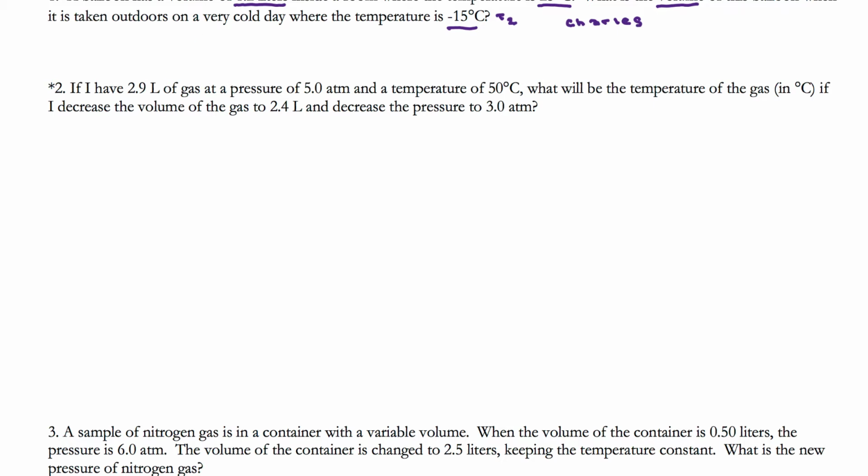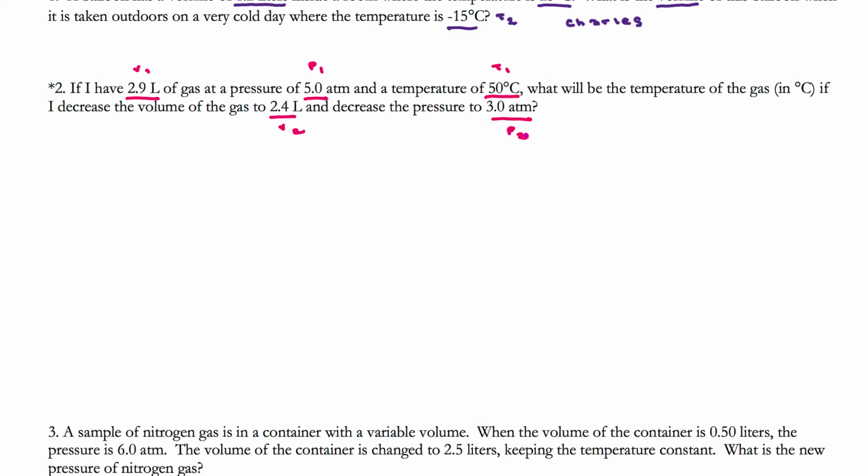All right, number 2, and I am asking you to solve this one, by the way. If I have 2.9 liters of a gas at a pressure of 5 atmospheres and a temperature of 50 degrees Celsius, what will be the temperature of the gas in Celsius if I decrease the volume of the gas to 2.4 liters and decrease the pressure to 3 atmospheres? So this is my V1, this is my P1, this is my T1. This is my new volume, my V2, and my new pressure, P2.